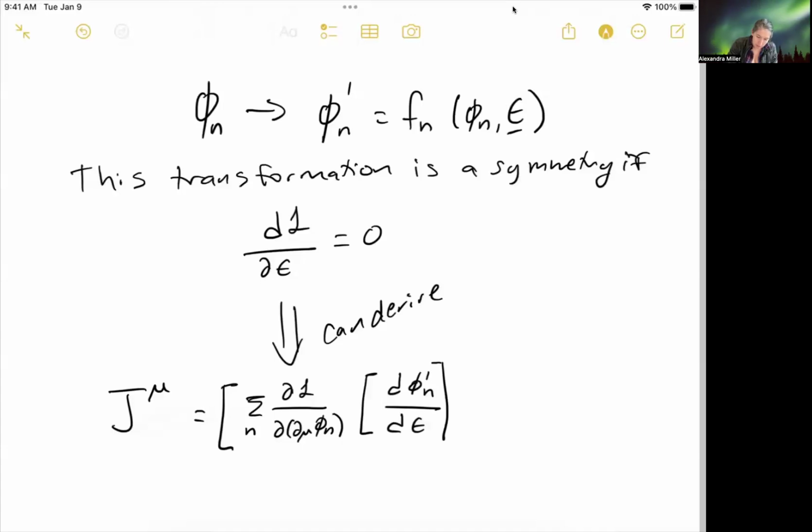You take that derivative and then you set epsilon equal to 0 in that term.